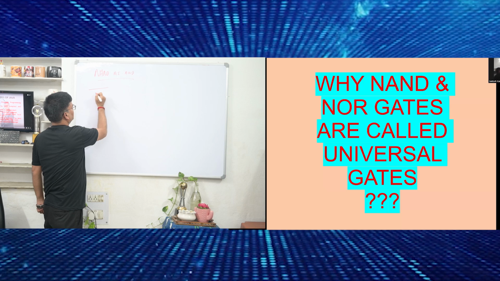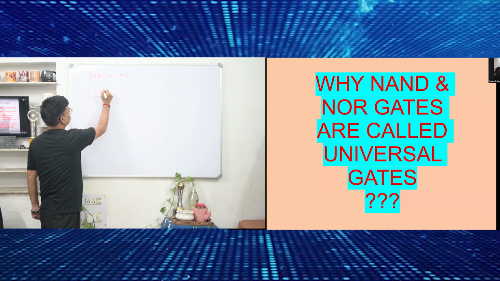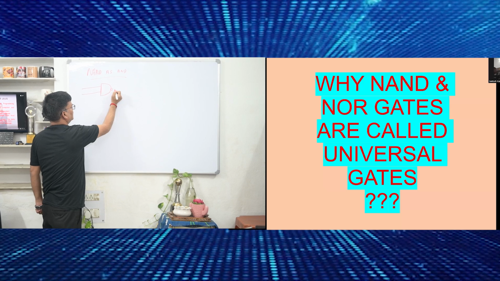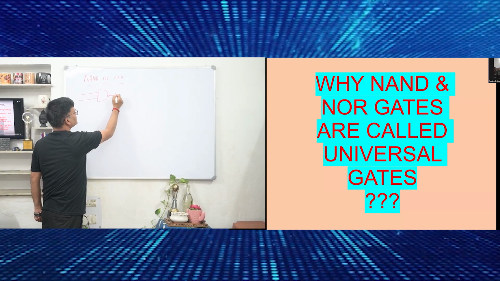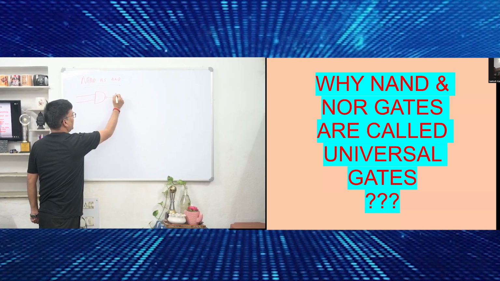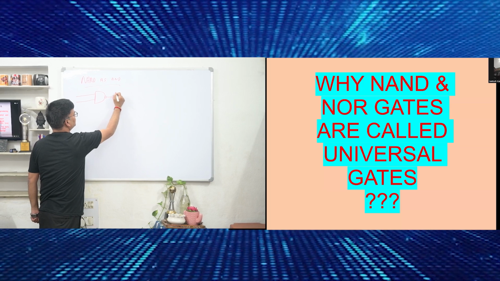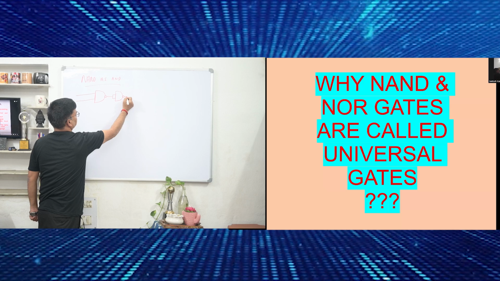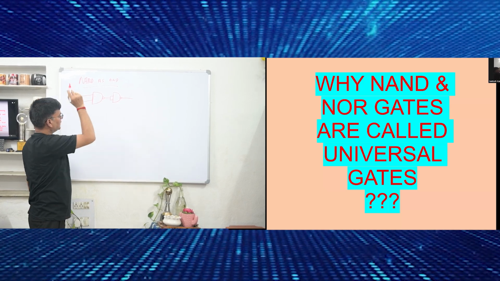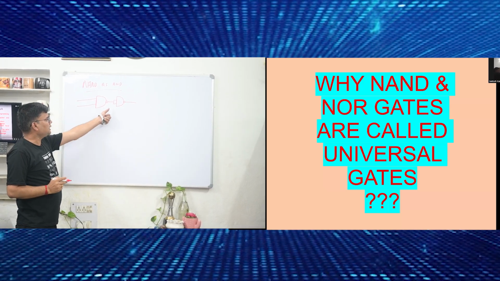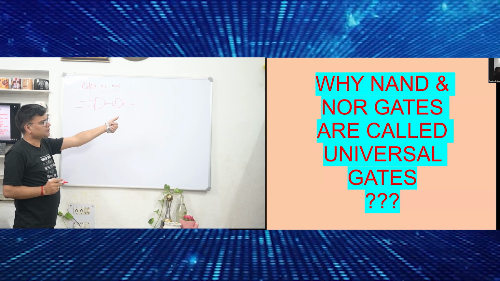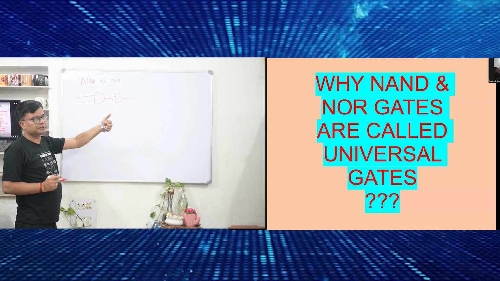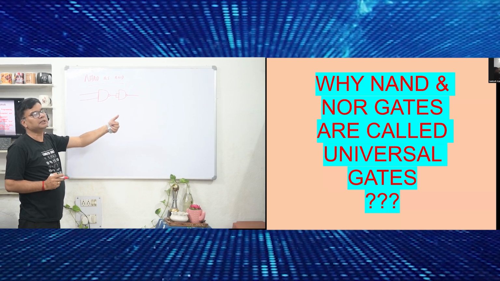You take a NAND gate, divide the output into two parts and pass it through another NAND gate. The final output which you will get will be the output of an AND gate.